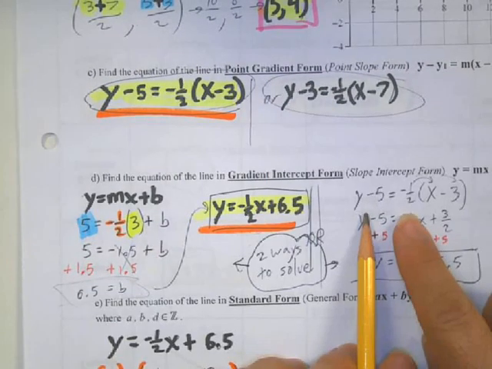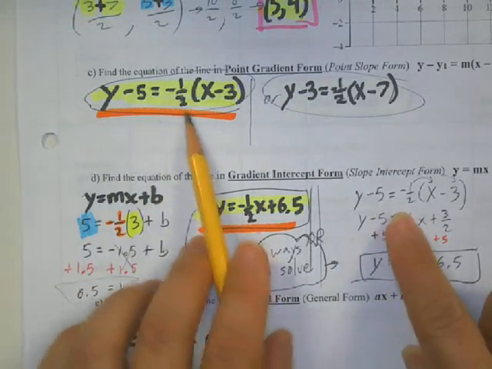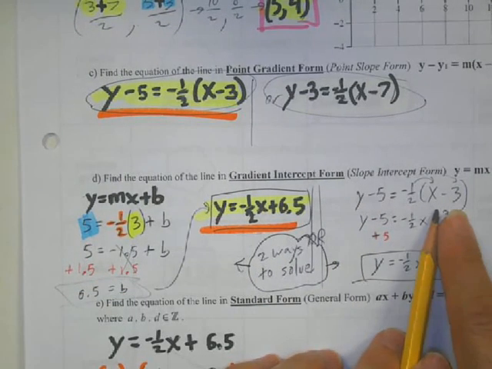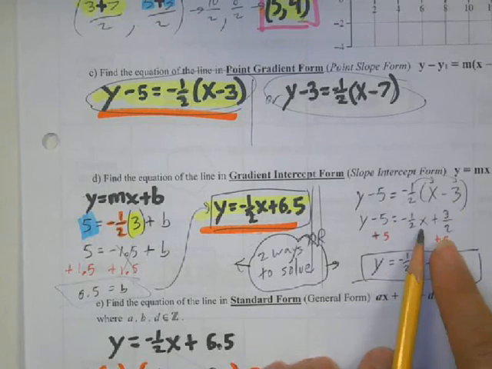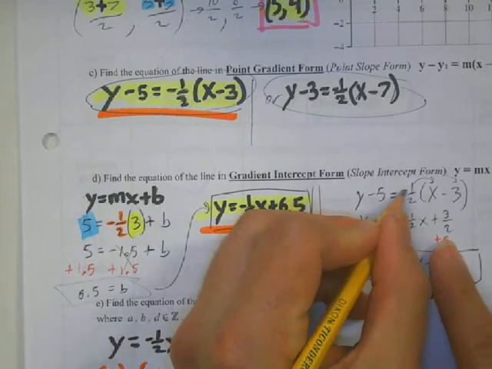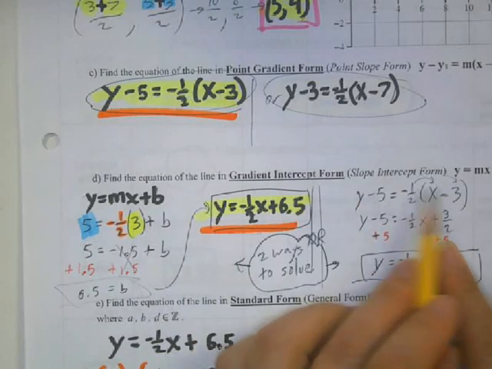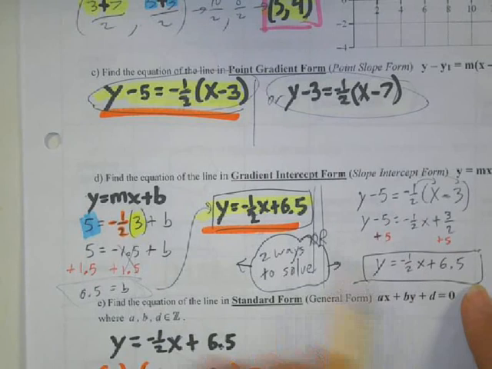I just took this one here, y minus 5 equals negative 1/2 times x minus 3. I could do the distributive property with the negative 1/2. Careful with the signs: negative times negative becomes positive. Then I can add 5 on both sides, and we get the same answer as we got here.